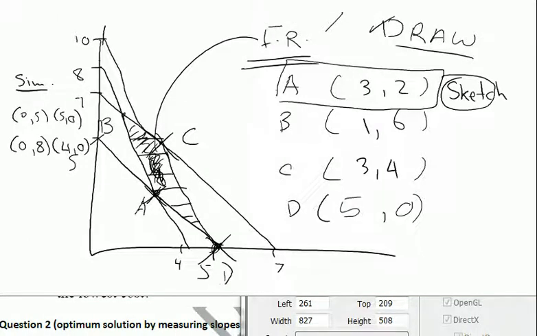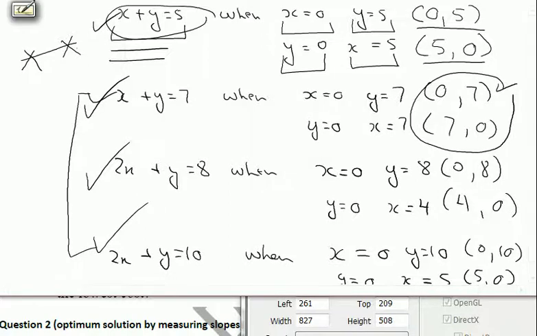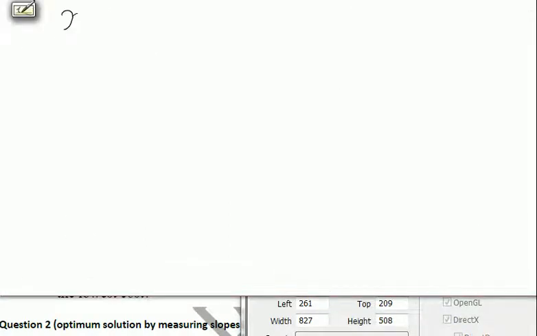We know that A is where two lines intersect. The first line passes through (0, 5) and (5, 0). From our points, we know that this should be the line x plus y equals 5.